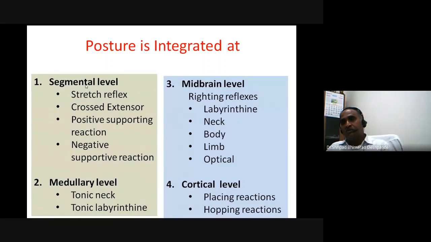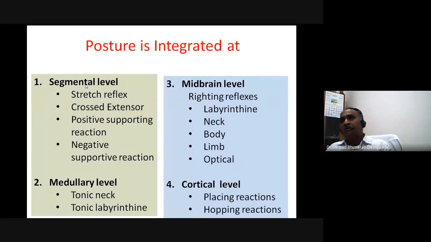The negative supporting reaction is the opposite. When extensor muscles are stretched, because of the lengthening response, the Golgi tendon organs are excited, and then the limb gives way. There is a relaxation of the extensor group of muscles and an activation of the flexor group. That is how the positive and negative reactions oppose each other.